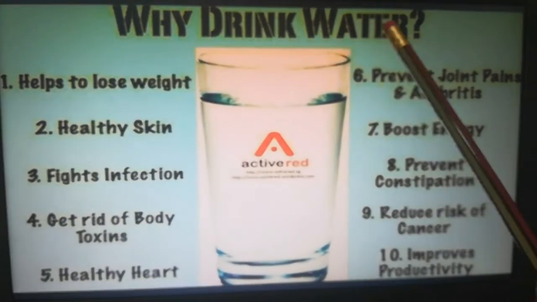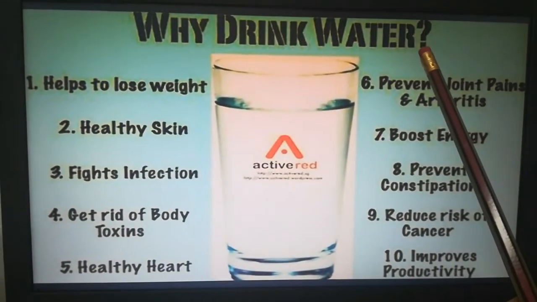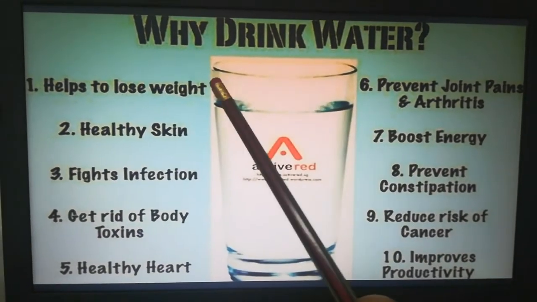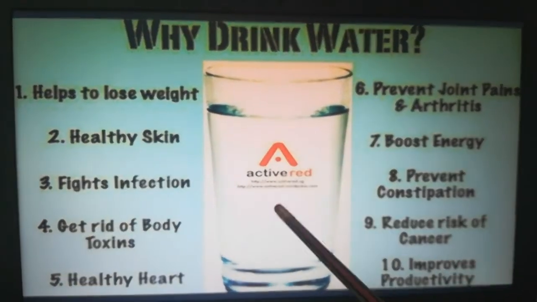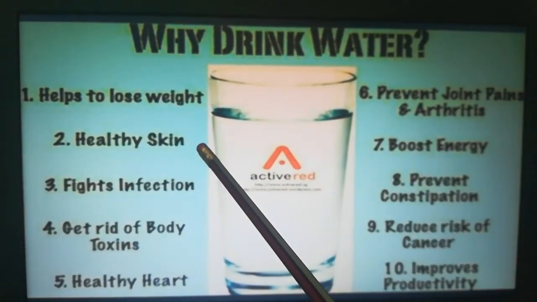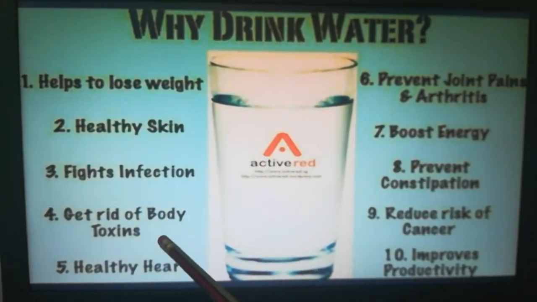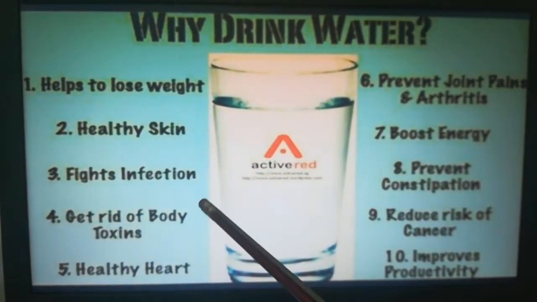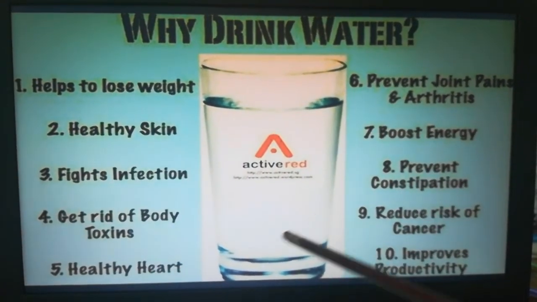Why do we have to drink water? What are the important things if we drink water? Water helps to lose weight. Per day we have to drink what? Eight glasses of water. And it provides healthy skin, fights against infection, removes all the body toxins, and gives a healthy heart.